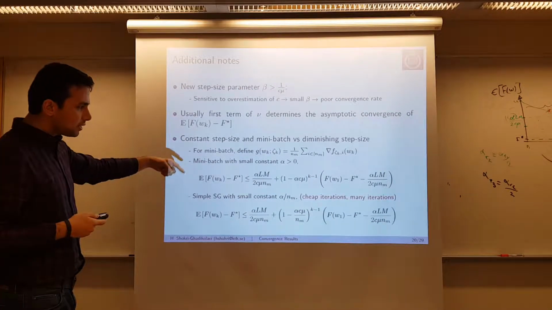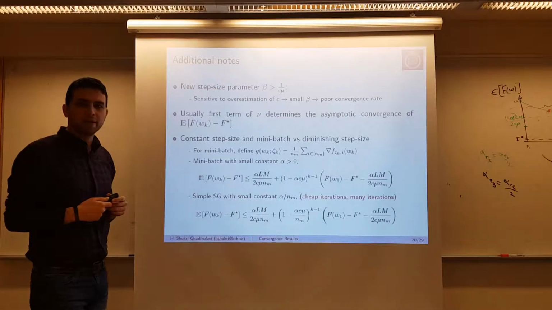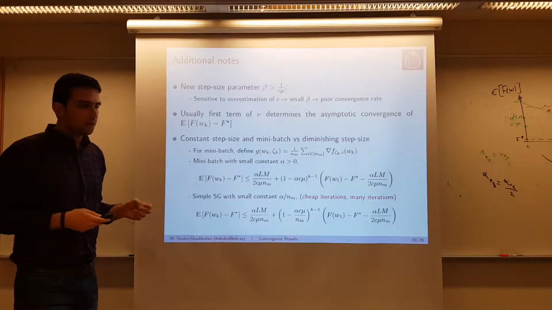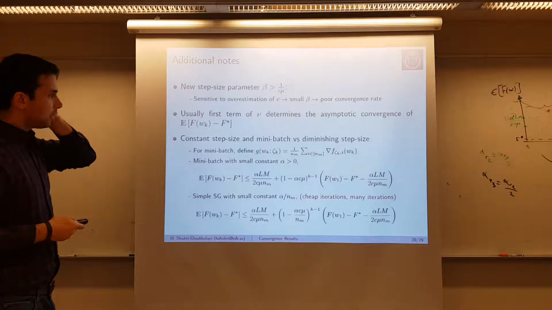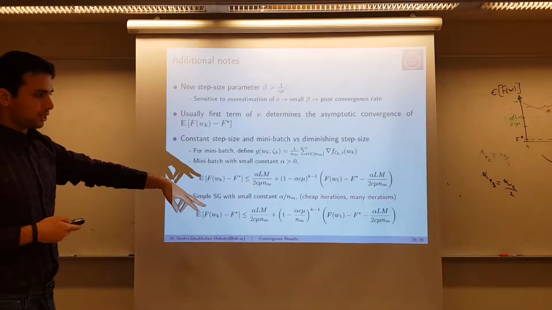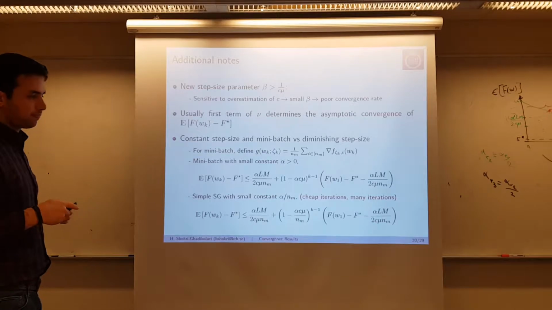So this is somehow table number 1, so to say. Any question about that? Okay. So again, here we have cheap iterations, independent of n, but now we need many iterations.